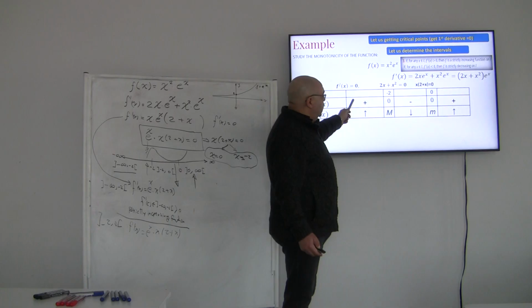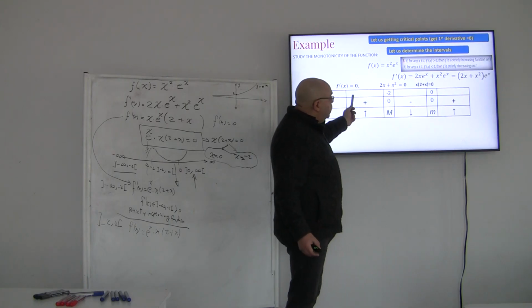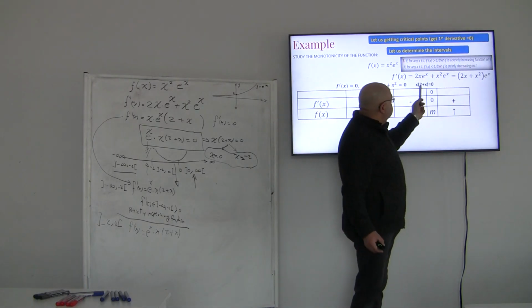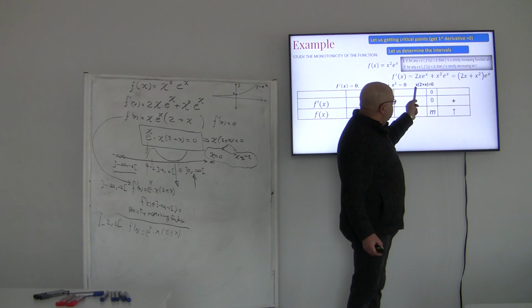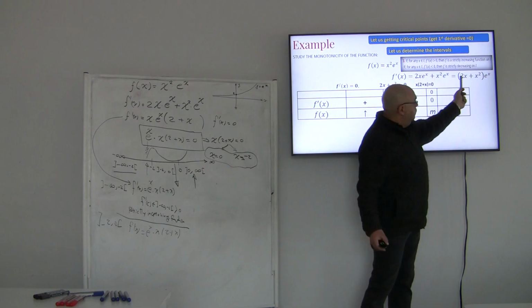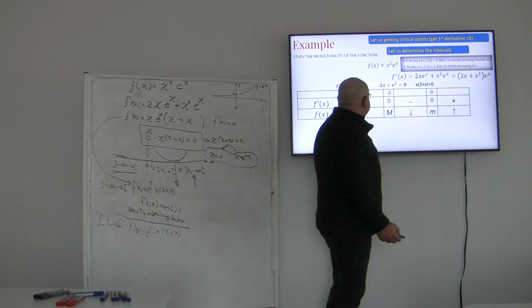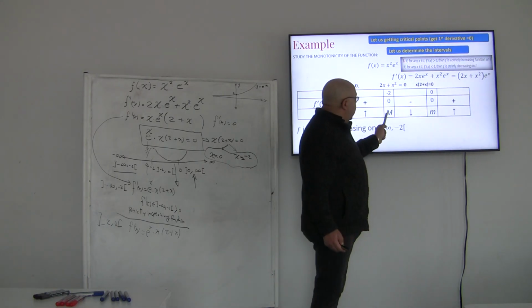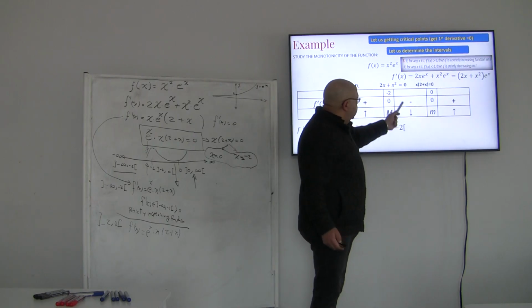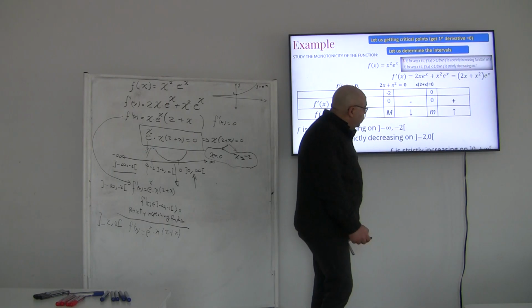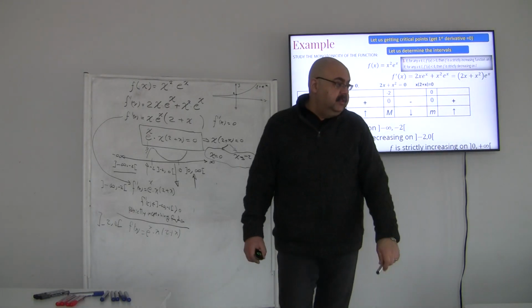If you choose, for example, negative 3 and make the substitution, this is going to be negative, this is going to be negative, so multiplying them together is going to be positive. Positive times positive means increasing. So I will have a maximum point at this time, increasing, then decreasing, and so on for the other intervals.